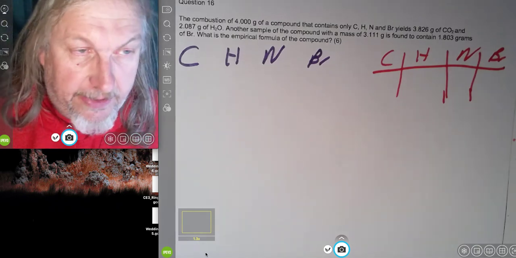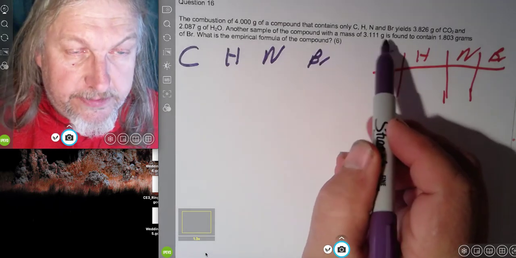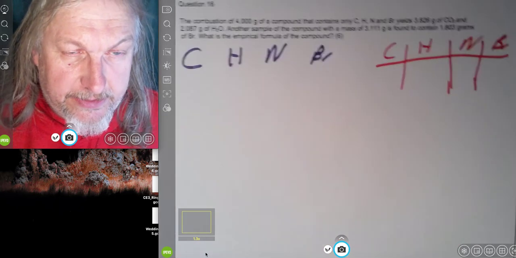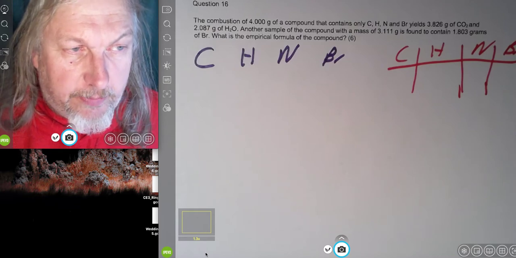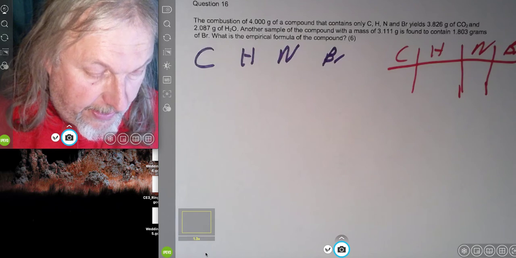So I've got to look at this second sample, 3.111 grams. This is the total, and it contains 1.803 grams of bromine.